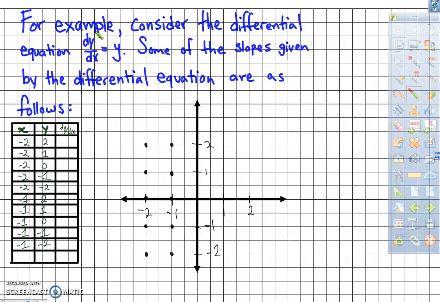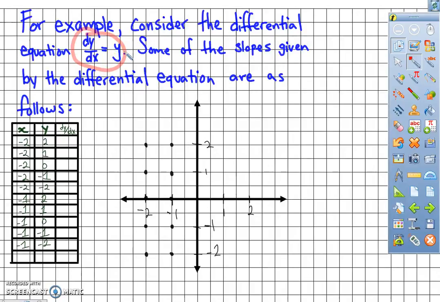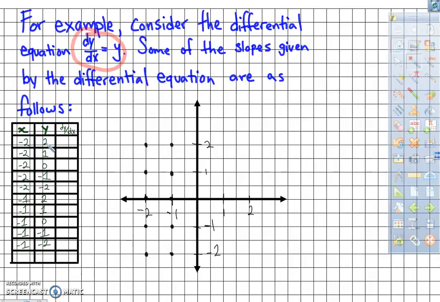Okay, so to start it off, I'm going to bring up that the differential equation dy over dx is equal to y is kind of like our key to fill in the column for dy over dx. So for the point negative 2, comma 2, notice that according to this differential equation, our output is 2.